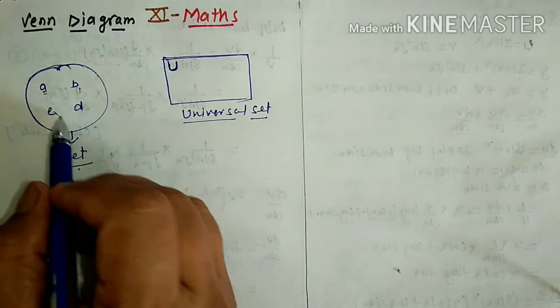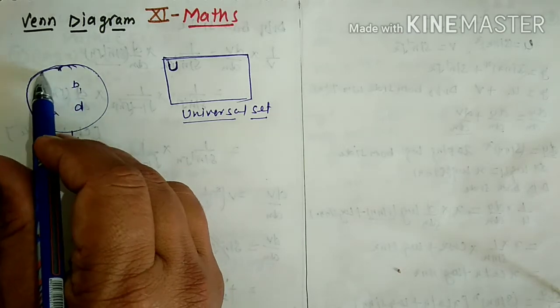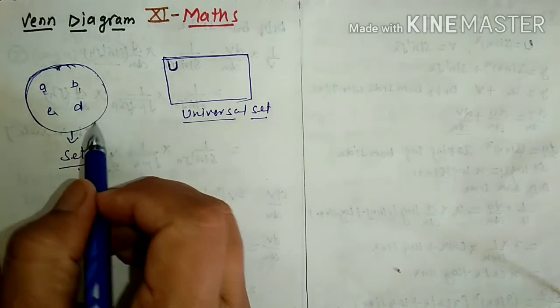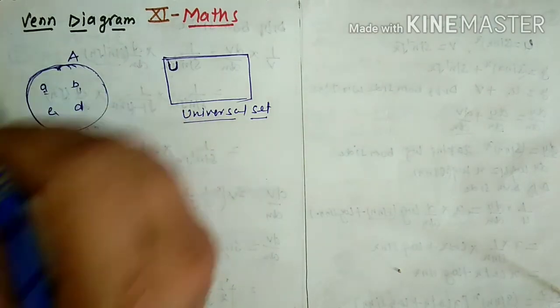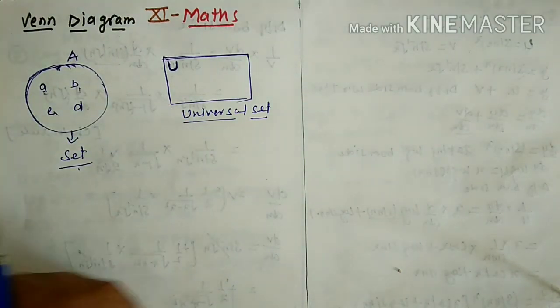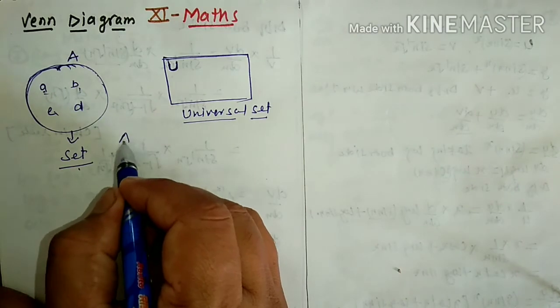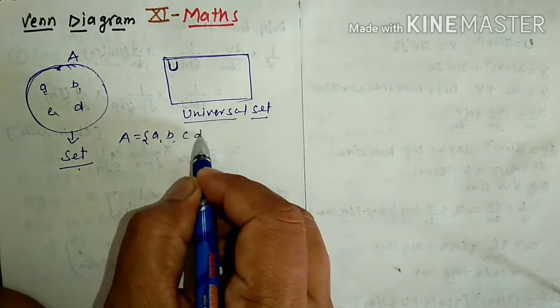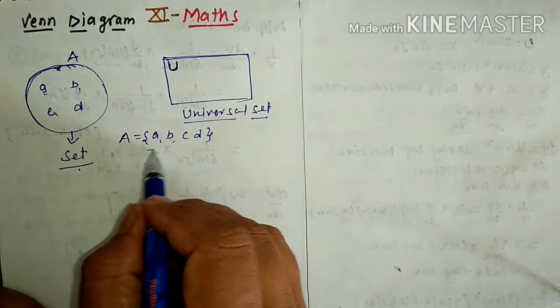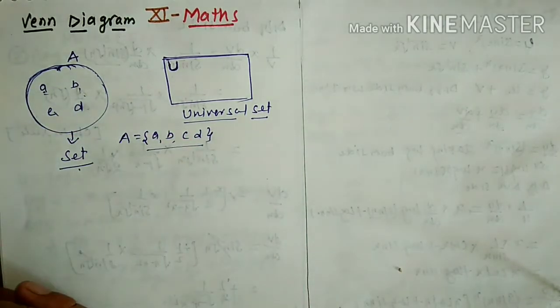Clear? ये इस सेट के एलिमेंट्स हैं, तो ये इसके अंदर लिखे हैं. इसका मतलब ये इस सेट को बिलोंग करते हैं. Suppose I write it as set A. So set A contains A, B, C and D. Clear? So these elements lie inside the set.